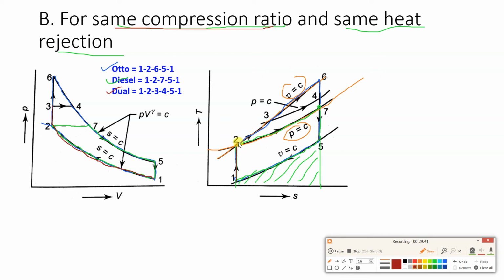So from 2 we will reach point 3 over here. So this will be point number 3. So if you see this, I have drawn from this point number 2, this constant volume curve already. Then 3 to 4 is constant pressure heat addition in dual cycle.